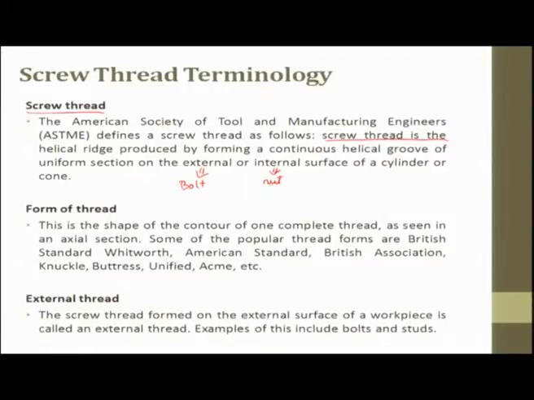Form of thread is the shape of the contour of one complete thread as seen in an axial section. Some of the popular thread forms are British Standard Whitworth, American Standard, British Association, Knuckle, Buttress, Unified and Acme.